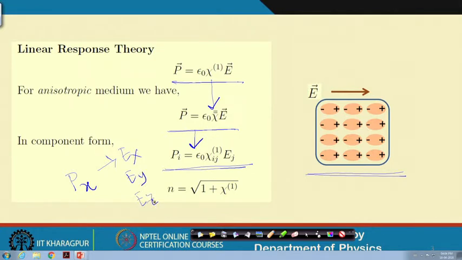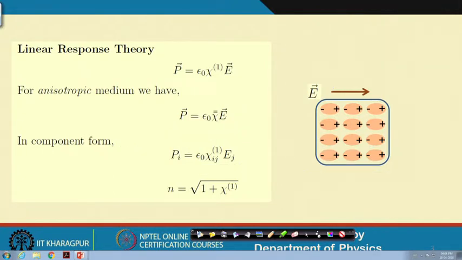If this is the case, one can write this in component form. So, the ith component of P is related to this quantity and then E j, with a summation over j. The summation is over j because j is the repeated index, and if there is a repeated index, the sum is over that. This is the Einstein notation, which we have already discussed in our earlier classes.